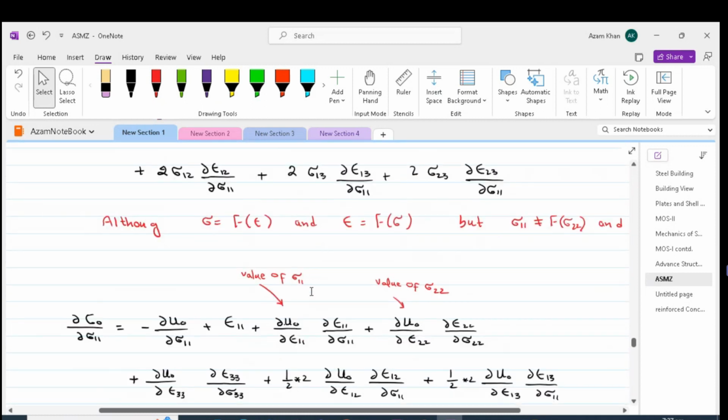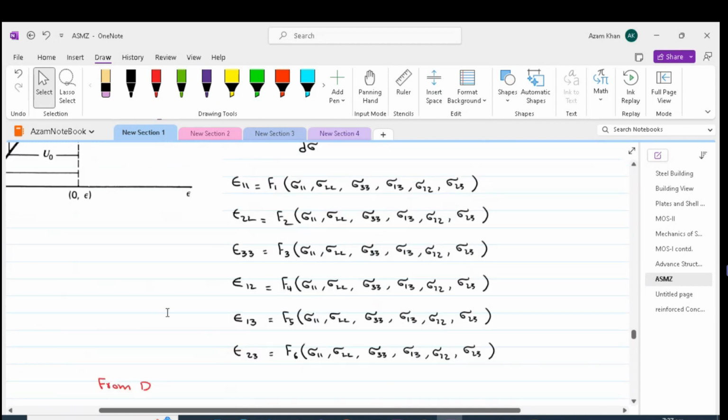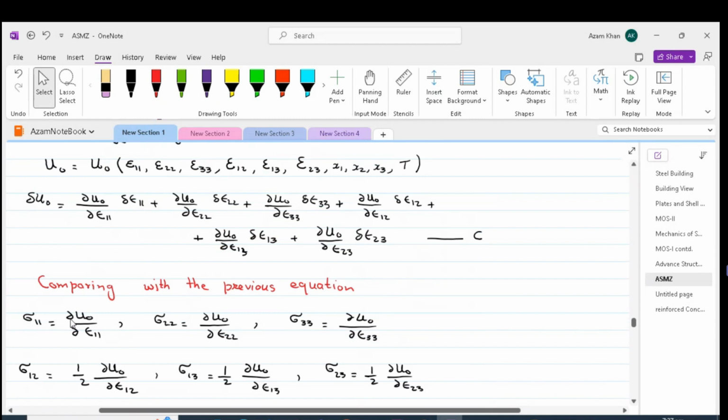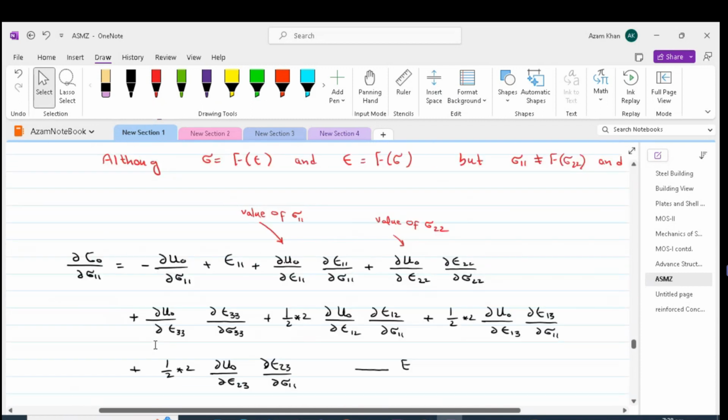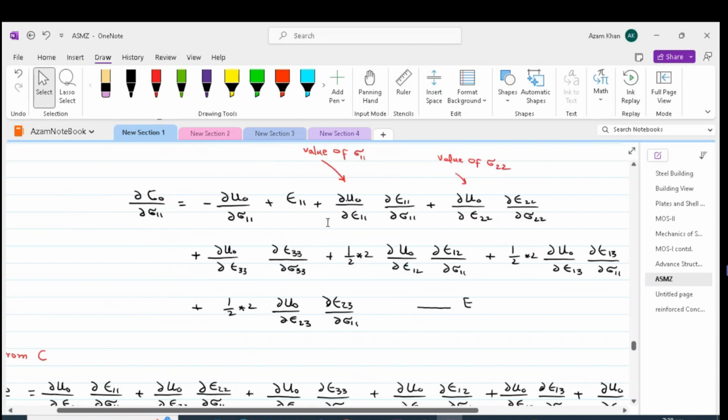From our previous expression, we can put in the values of sigma 11, sigma 22 and sigma 33 which we derived. Sigma 11 is partial of u naught by partial epsilon 11, sigma 22 is partial u naught by partial of epsilon 22, and so on. So these values can be plugged into this expression, and sigma 11, sigma 22, sigma 12, 13, all of them have been changed and brought in terms of strain energy densities.